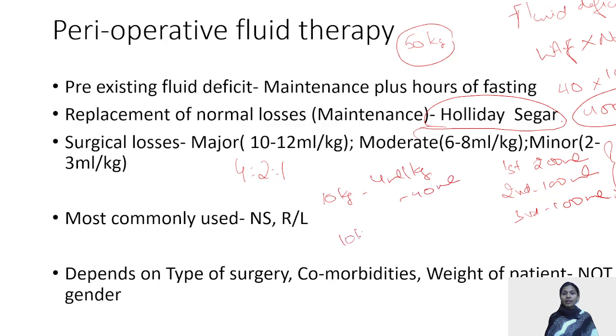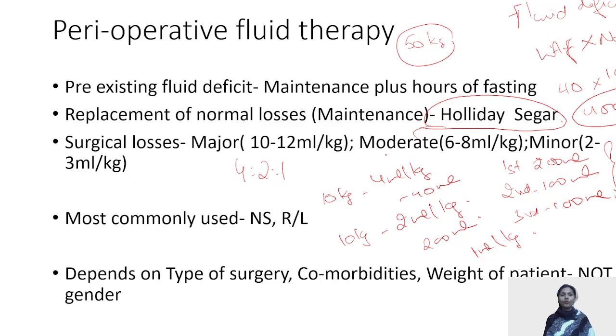For the next 10 kg, you are going to give 2 ml per kg, that is 20 ml. And for the rest which is left, like 30 kgs, it is 1 ml per kg. This is how you give the maintenance fluid using the Holliday-Segar formula 4:2:1. For the first 10 kgs, it is 4 ml per kg per hour. For the next 10 kgs, it is 2 ml per kg per hour. And after that, you have 1 ml per kg.